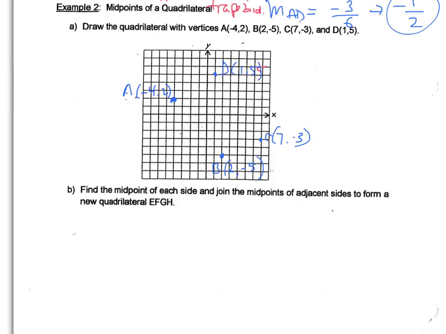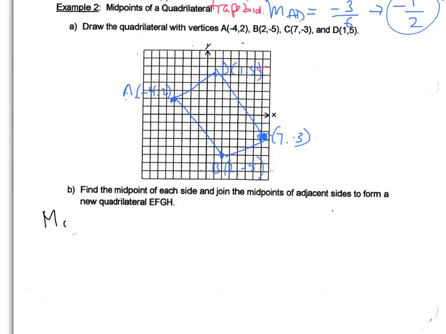There we go. So we're going to connect those vertices to make our quadrilateral. Do the best I can here without my ruler. So we're supposed to calculate the midpoint of each of those sides and join them to form a new shape. So let's figure out the midpoints of each side.